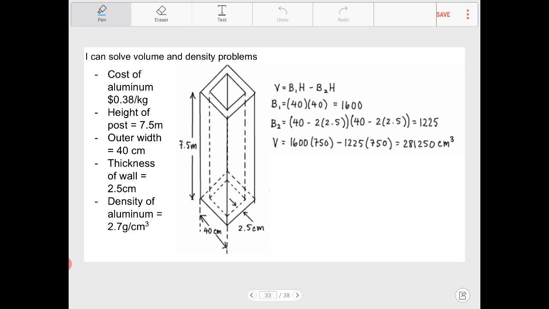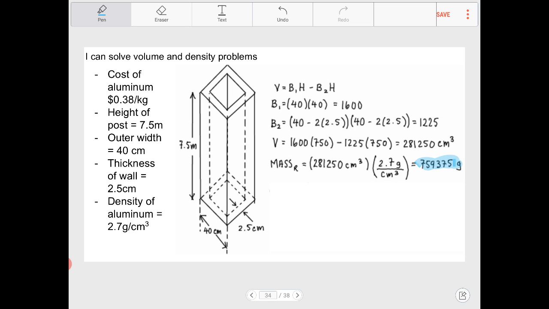Knowing the volume of the rectangular posts, now I can find the mass of aluminum. I'm going to take this and multiply by the density of aluminum, which will give me 759,375. I can already see that the mass of the aluminum is going to be less than the mass of the cylindrical post. But I need to figure out how much cheaper it will be.